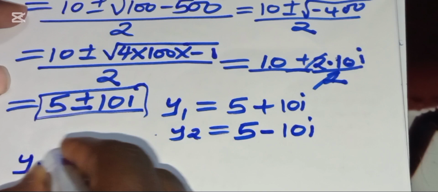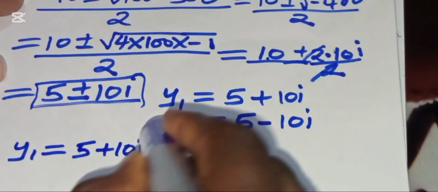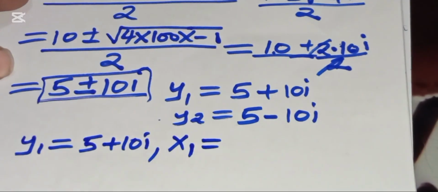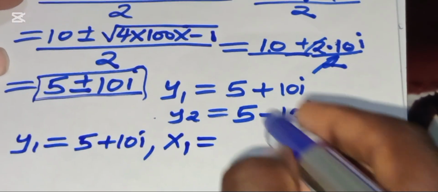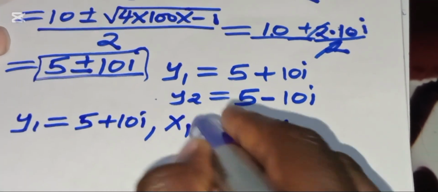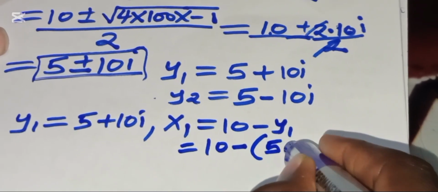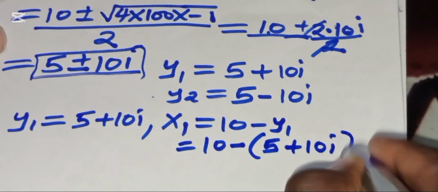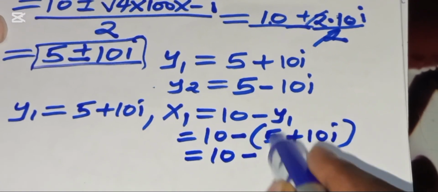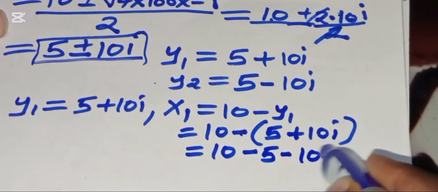Given y1 is equal to 5 plus 10i, let's solve for x1. So x1 is equal to 10 subtract y1. This is the same thing as 10 subtract 5 plus 10i, which is 10 subtract 5, negative times positive, negative 10i.